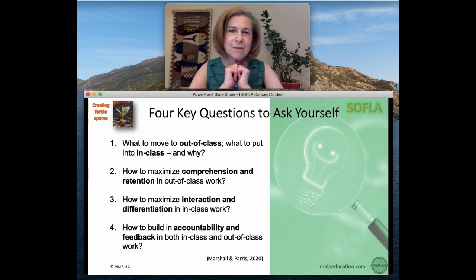Next, how do we maximize comprehension and retention in the out of class work? Third, how do we maximize interaction and differentiation in the in class work? And finally, how do we build in accountability and feedback in both in class and out of class work?